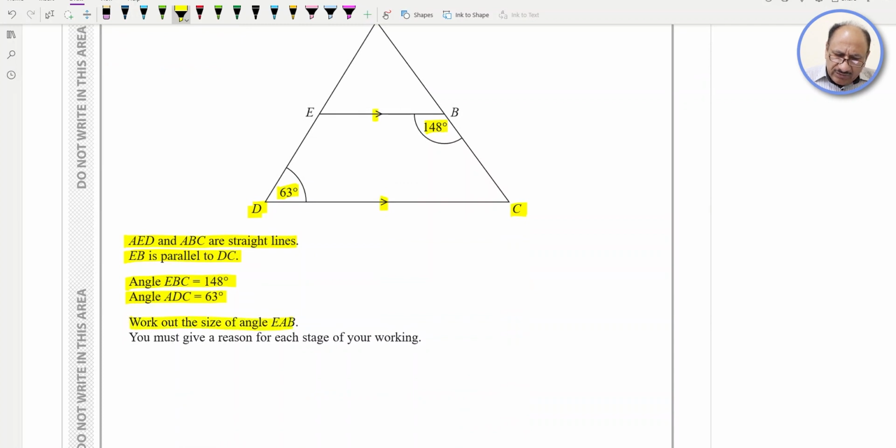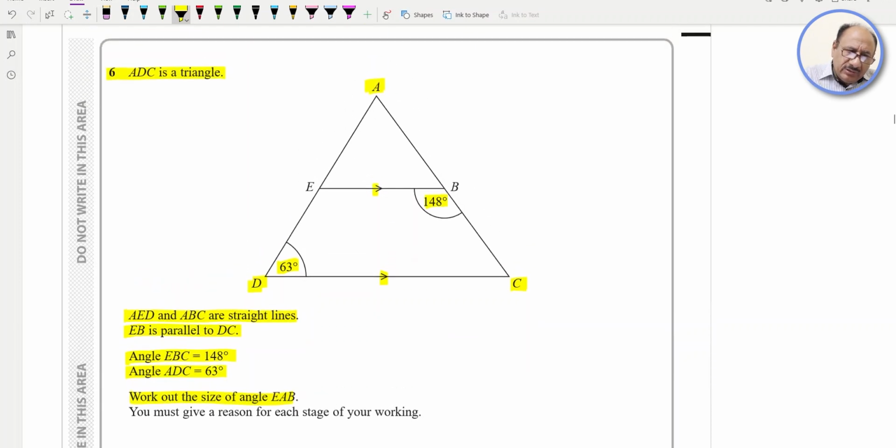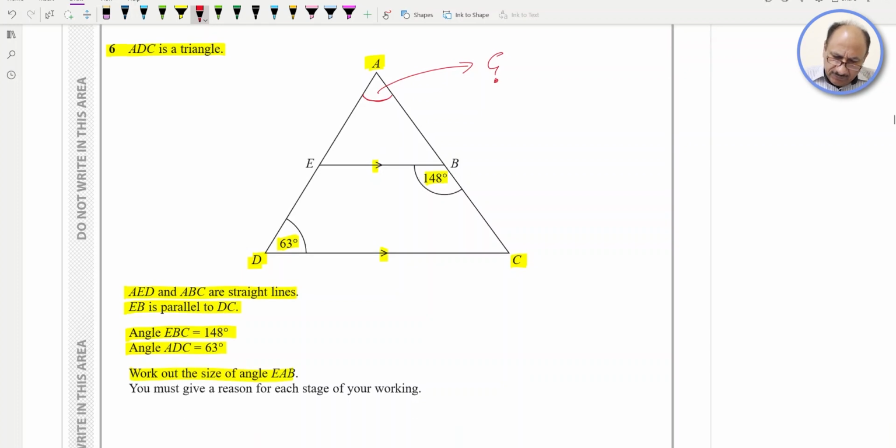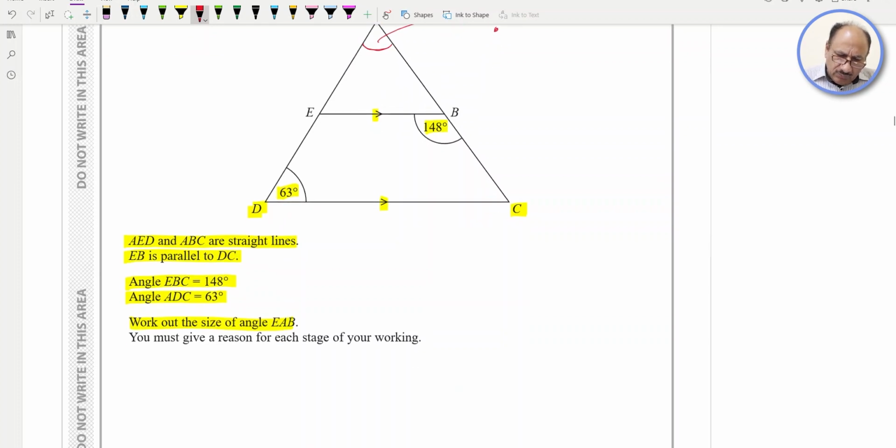Work out the size of the angle EAB. They are asking for this angle, so this angle is basically required. You must give a reason for each stage of your working.